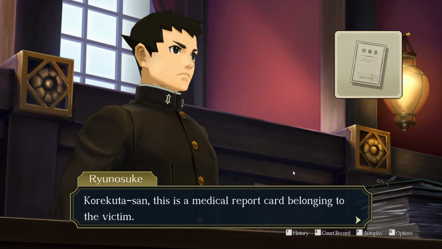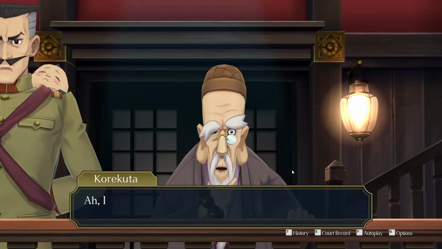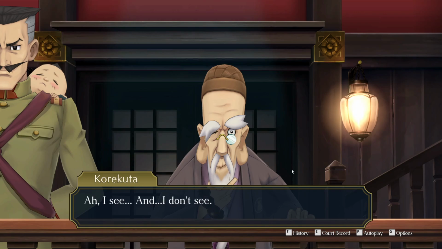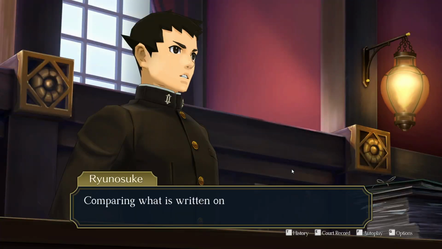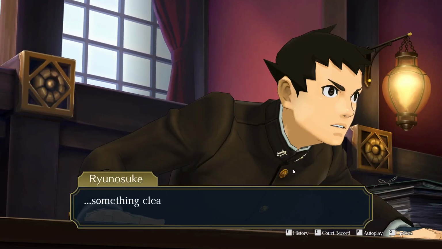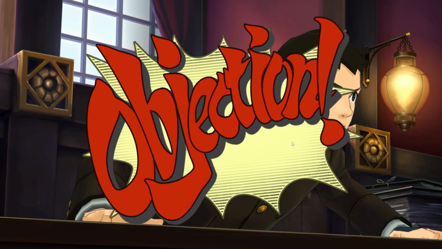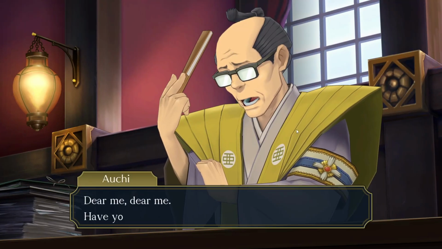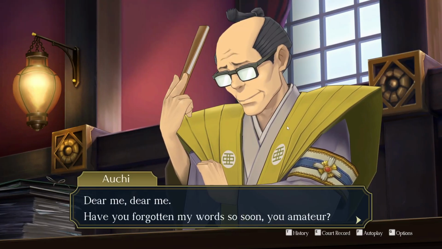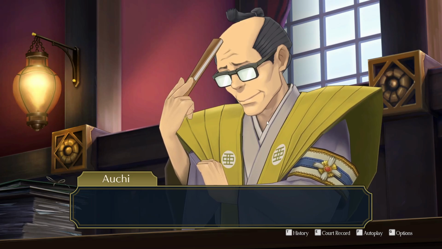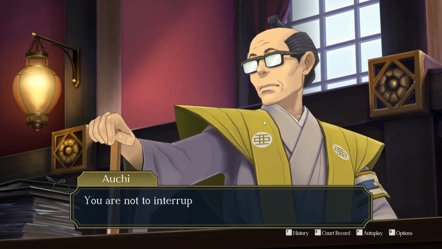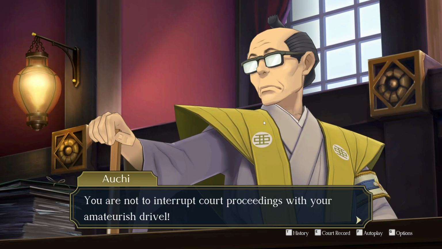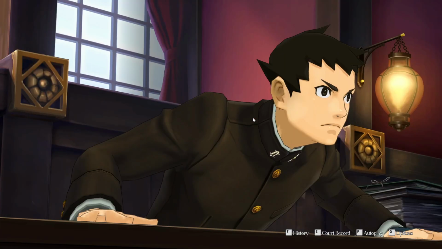Korakuda-san, this is a medical report card belonging to the victim. Ah, I see. And I don't see. What of it, boy? Comparing what is written on this report card with your witness statement, something clearly doesn't add up. Objection! Dear me, dear me. Have you forgotten my words so soon, you amateur? Sorry, what? You are not to interrupt court proceedings with your amateurish drivel.